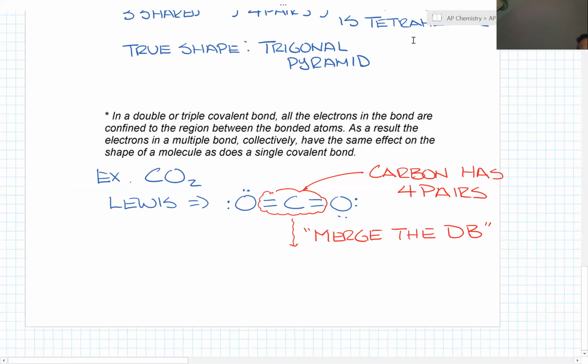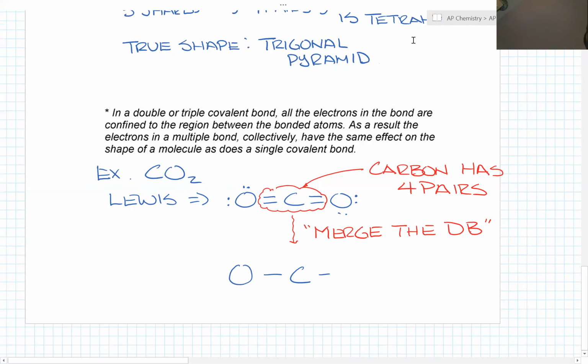And so, to determine the shape only, the carbon now has 2 pairs.